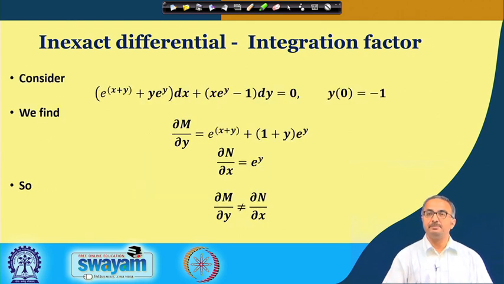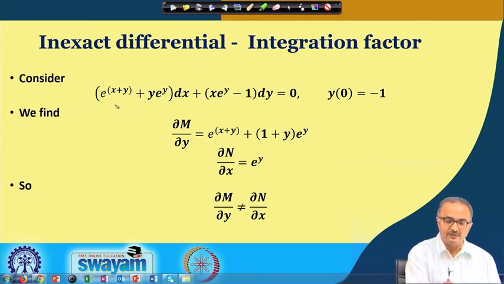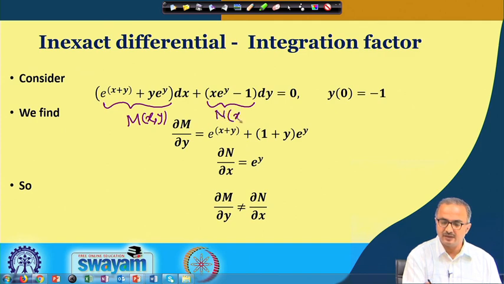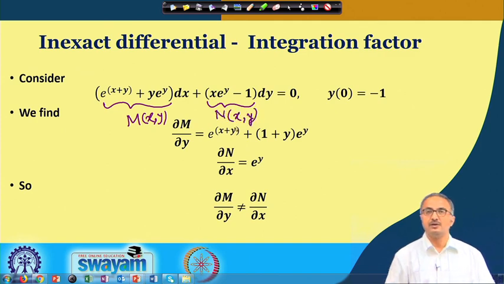Now, let us implement this concept for this given example. Here we have been given this particular equation, as you can see. First we have to check whether this is exact or inexact. For that, we understand that this particular term is M(x,y) in general, and this particular term is N(x,y).